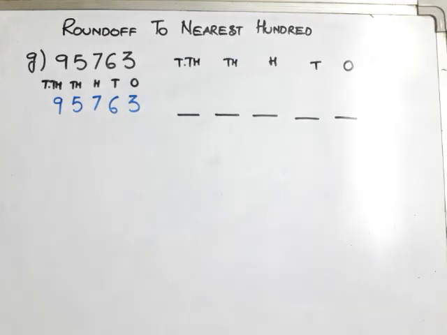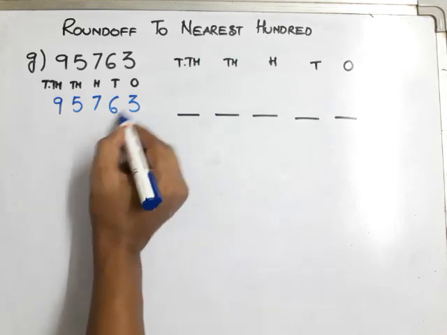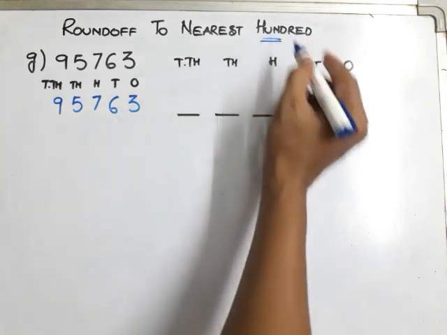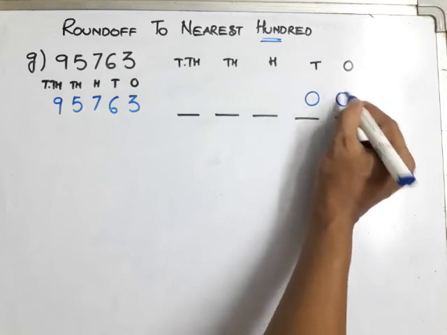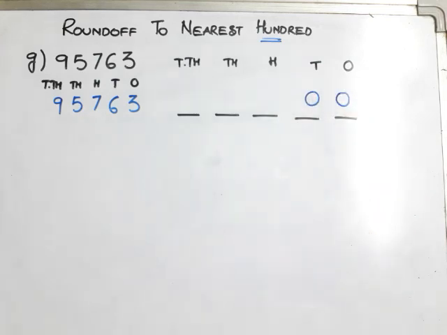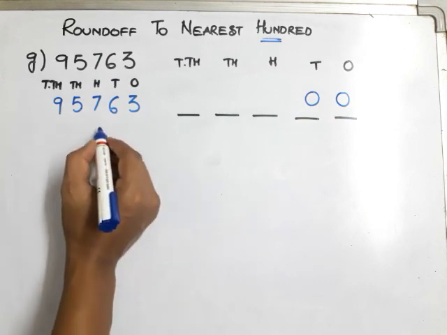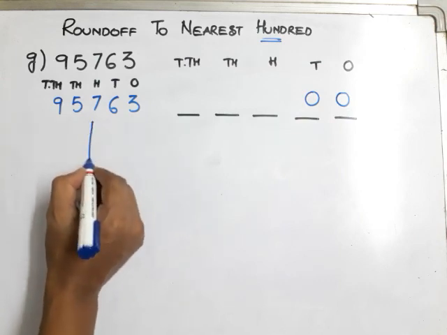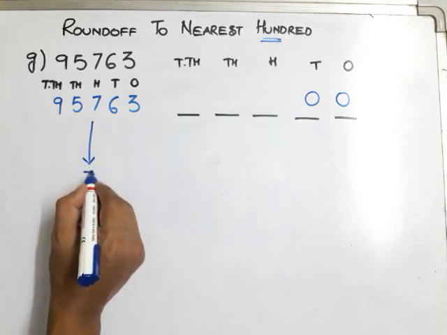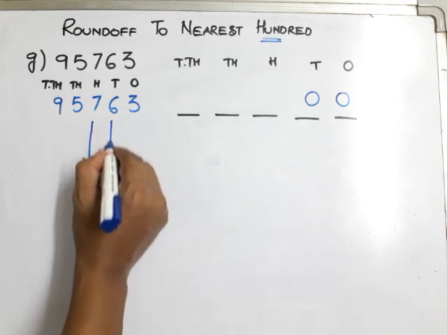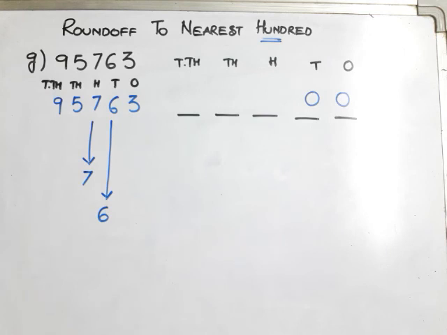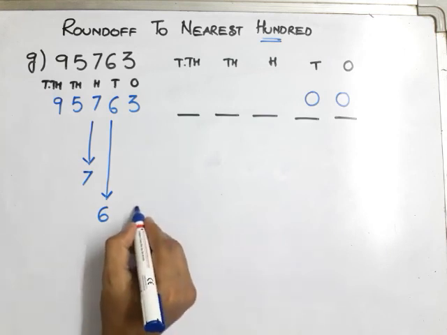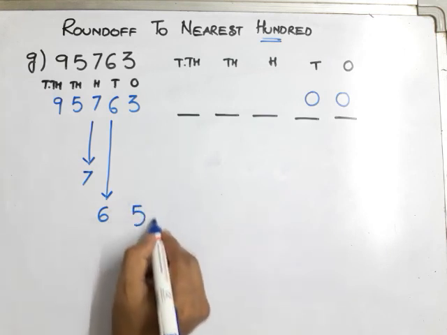As discussed, as we have to round off to nearest 100, the digits in tens place and ones place will be occupied by 0. Now to decide about the digit in hundreds place, that is 7, we look at the digit in tens place, that is 6, and compare it with 5. This is always compulsory.